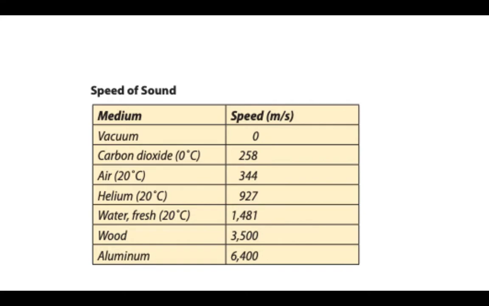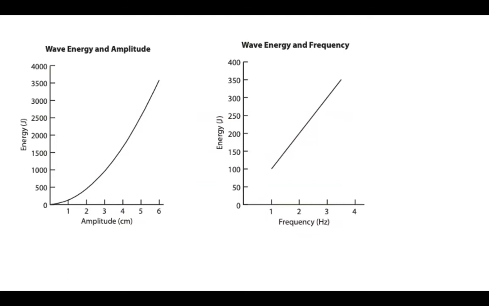This was just a reminder about the speed of sound, that as the medium becomes more dense, the speed becomes faster. This was a reminder about amplitude and energy. And so with amplitude and energy, as amplitude increases, so if I go from 1 centimeter amplitude to 6, let's go from 2 amplitude, because 2 amplitude would be easy to read on this graph. 2 amplitude is 500. 6 amplitude is 3,500.